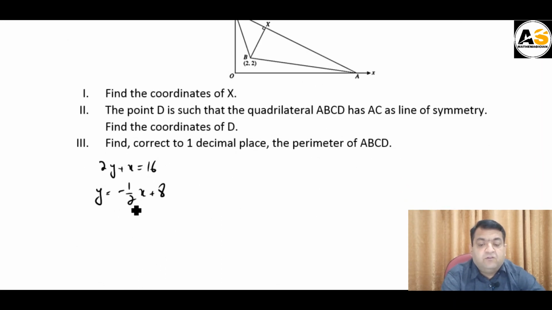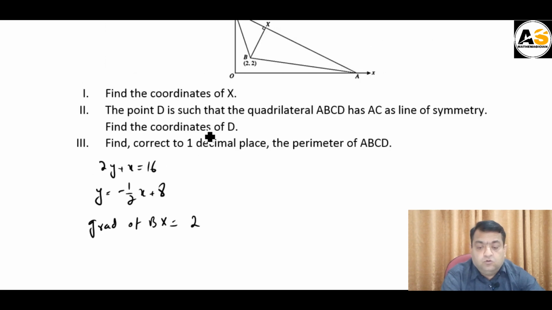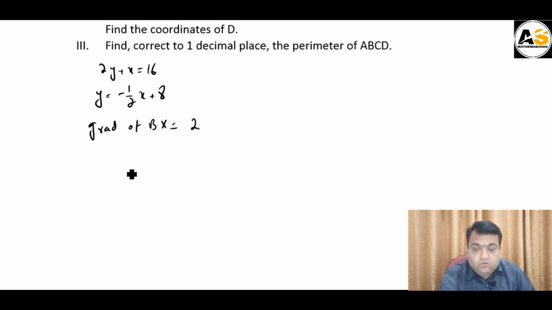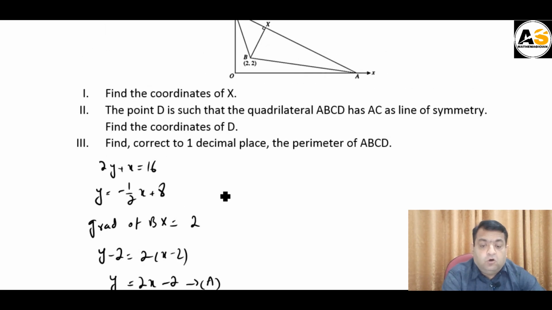What will be the gradient of BX? Gradient of BX will be its negative reciprocal, 2. Line BX passes through 2, 2. So its equation will be y minus y1 is equal to m into x minus x1. y is equal to 2x minus 2. This is the equation of BX.